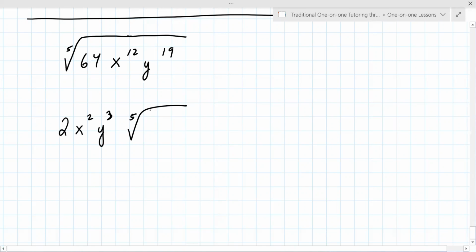Yep, the fifth root. I got x to the square power and y to the fourth power.